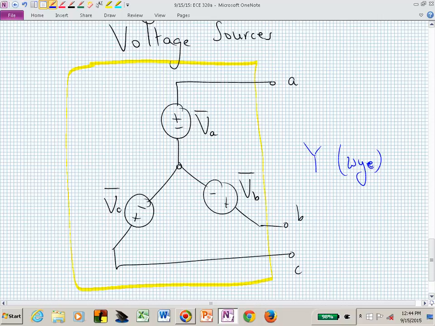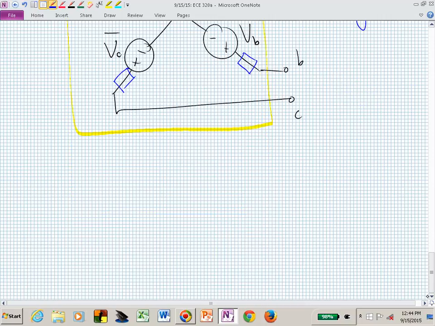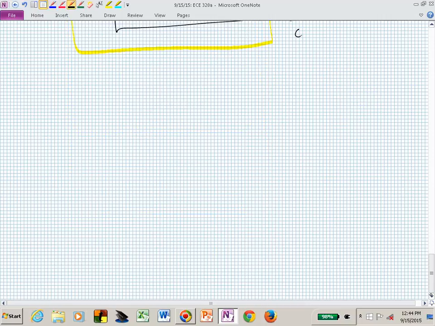What I'm not showing are impedances that are naturally going to be in there, and I'll fill you in on what those are, but I just didn't in this simplified diagram of a set of three-phase voltage sources in a Y connection. That's the Y. The delta looks like a delta, and here let me say that I'll call this the A phase.